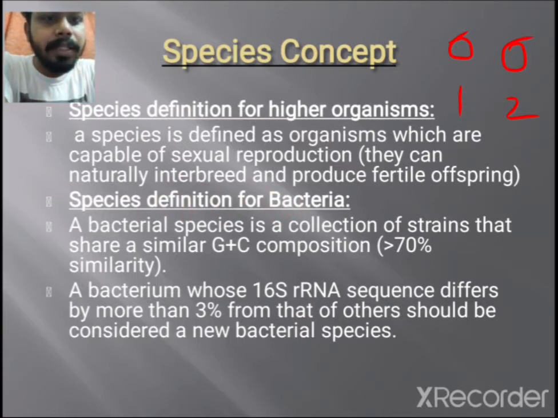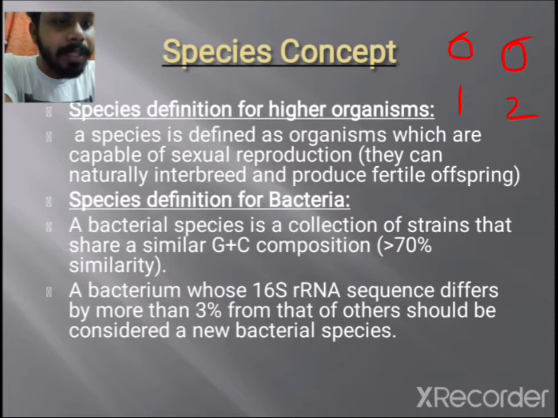And the next one is a bacterium whose 16S RNA sequence differs by more than 3% from that of others, then it should be considered a new bacterial species. So for example, if these two organisms' 16S rRNA differ by more than 3%, then we can say that these two organisms belong to two different bacterial species.